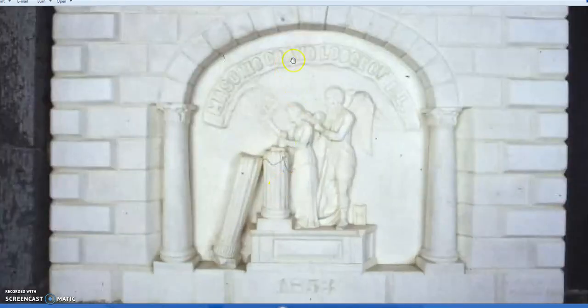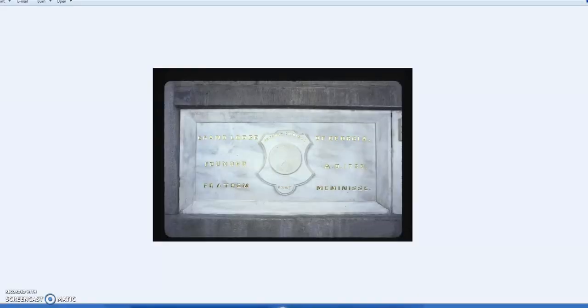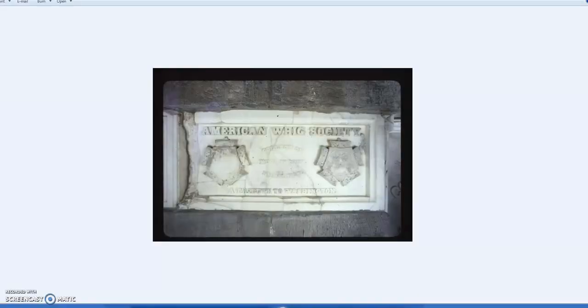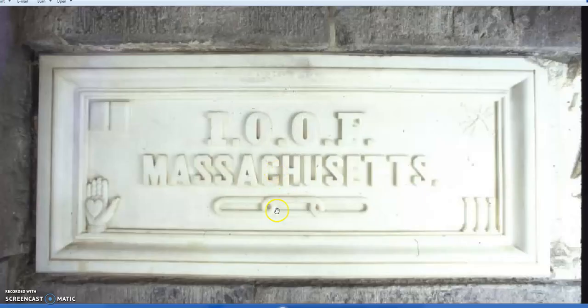Here we see the Masonic Grand Lodge, Illinois, I think 1854, the broken column, Saturn and the Virgin. It should be a Corinthian column, but you can see Corinthian columns there. The Whig Society, IOOF, Independent Order of Oddfellows, the Triple Link, and the Heart in the Hand.